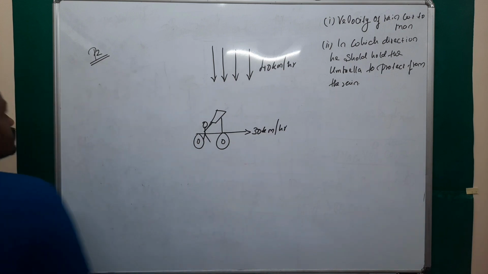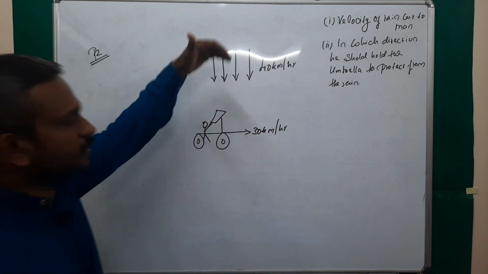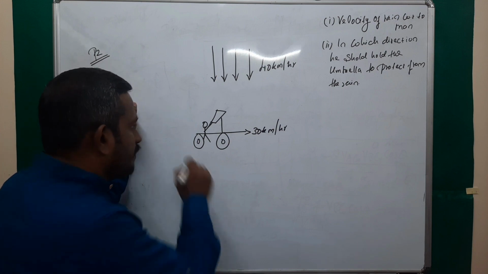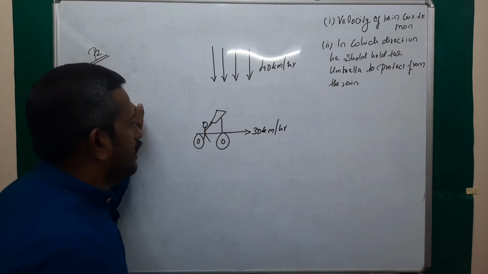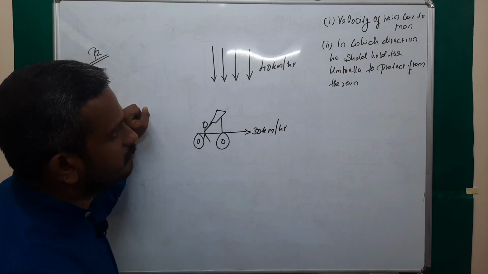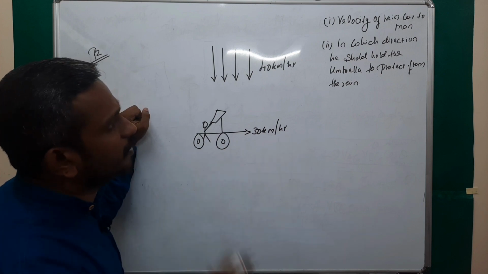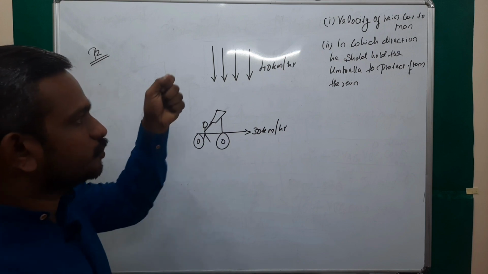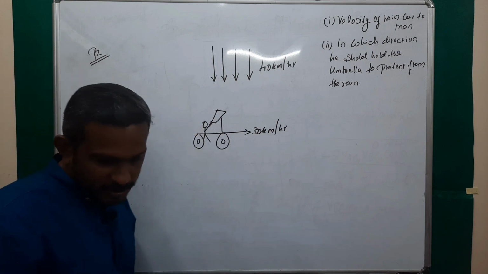Okay, so understand the question: rain is falling vertically downwards with a speed of 40 km per hour. A man is riding the bicycle with a speed of 30 km per hour in the rightward direction. So we have to find the velocity of the rain with respect to man, and in which direction he should hold the umbrella to protect from the rain.